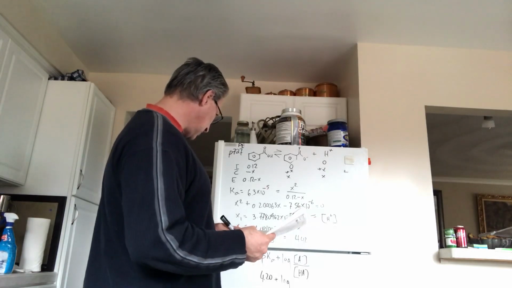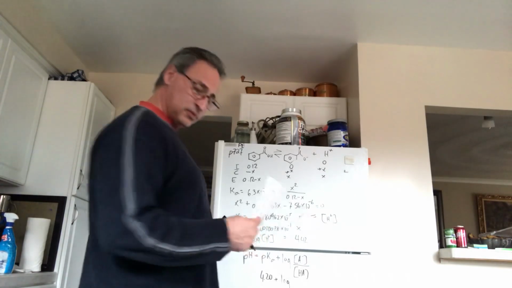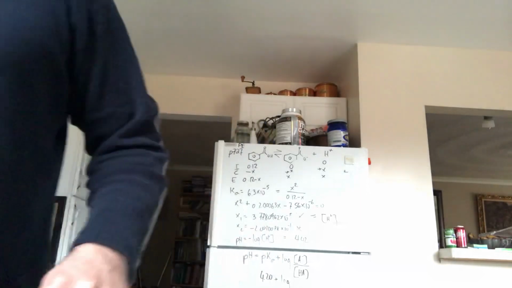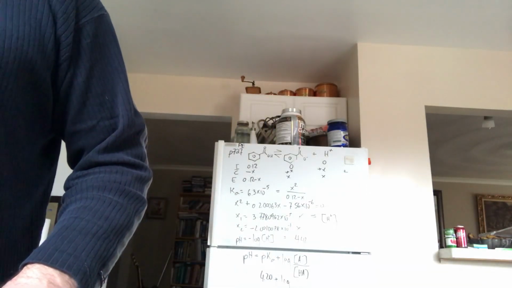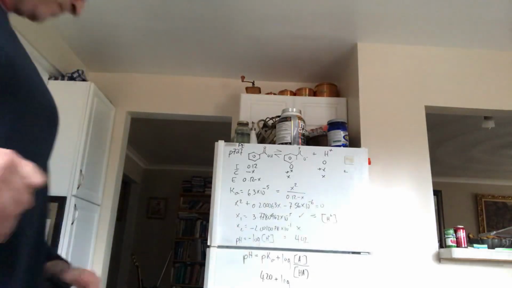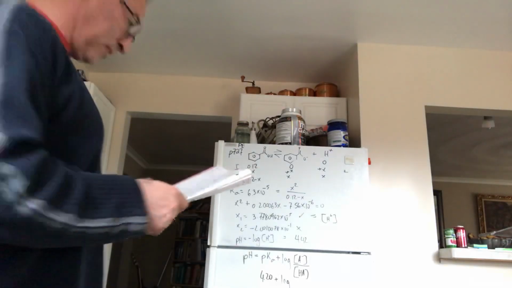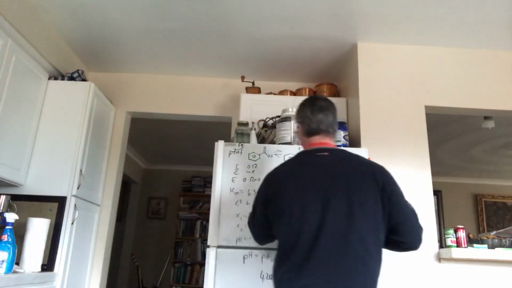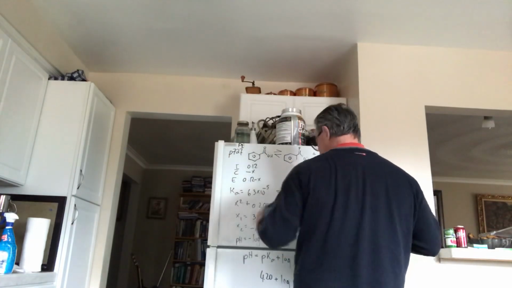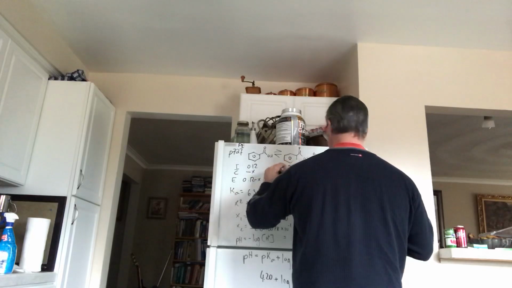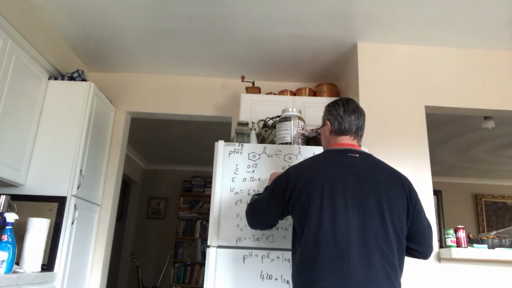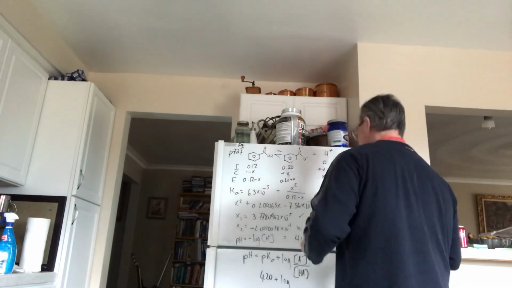What did I write? Just a minute. Oh, 0.2 molar sodium benzoate. I forgot to write that part in. Sorry, this part is wrong. I mean, I did it right, I just wrote the wrong numbers up here. Right, so this is the actual formula.